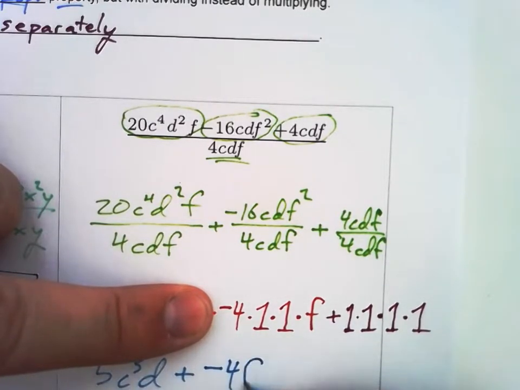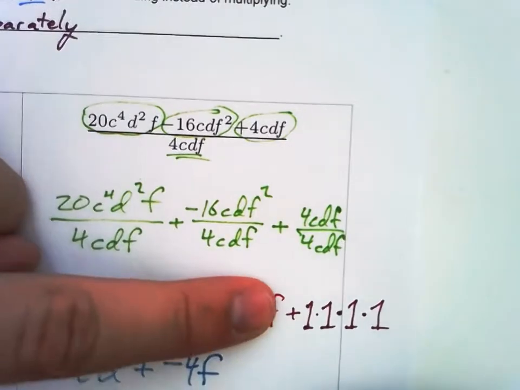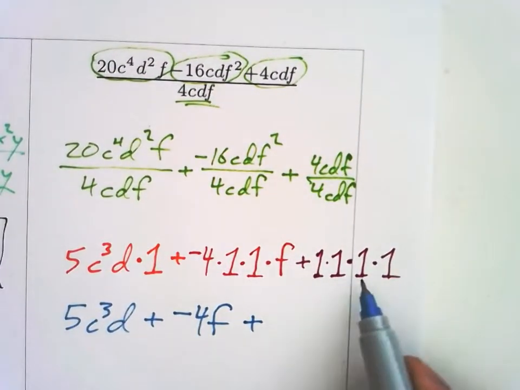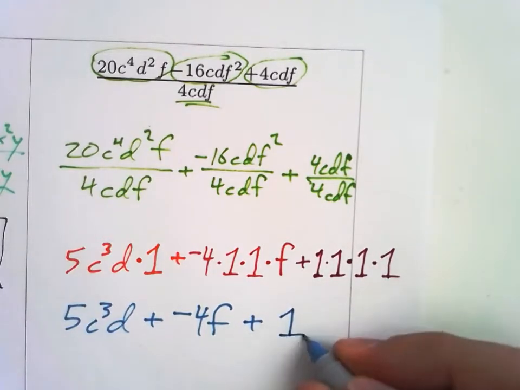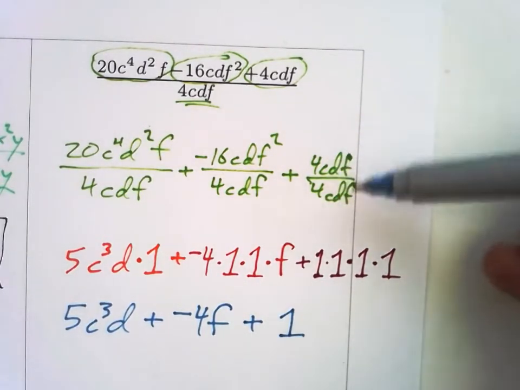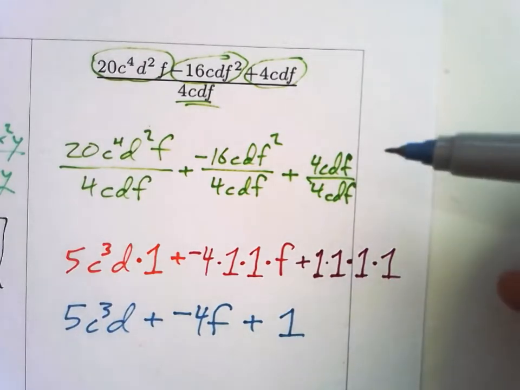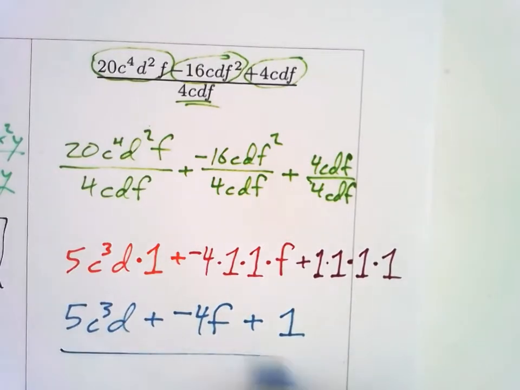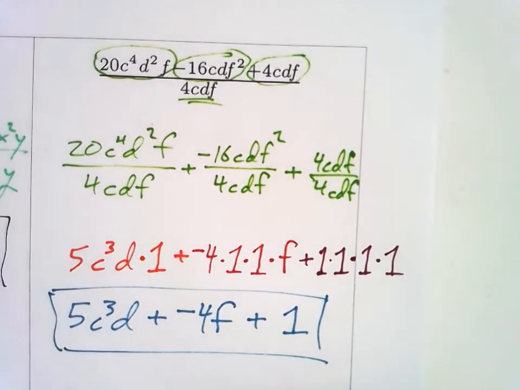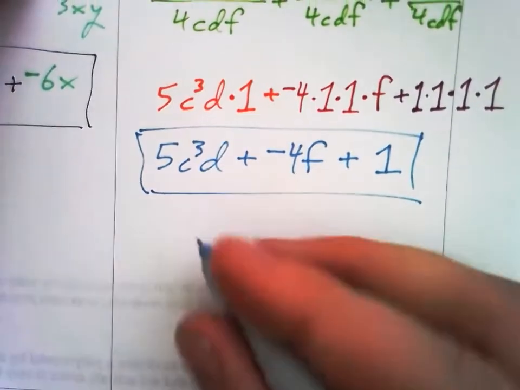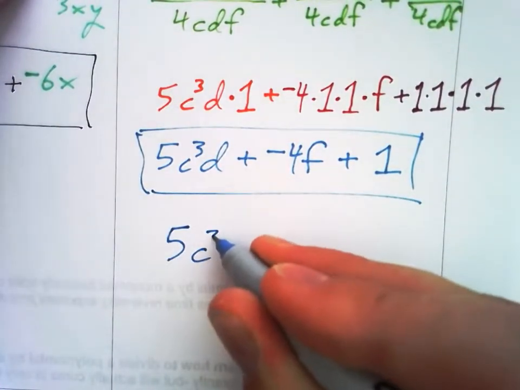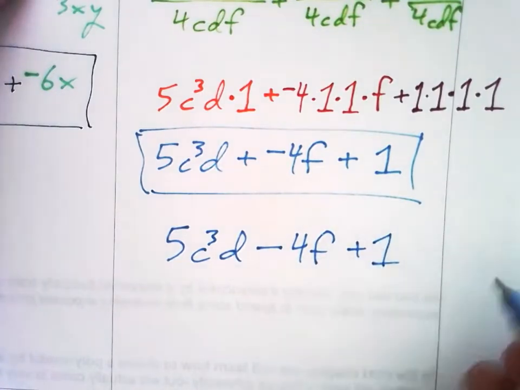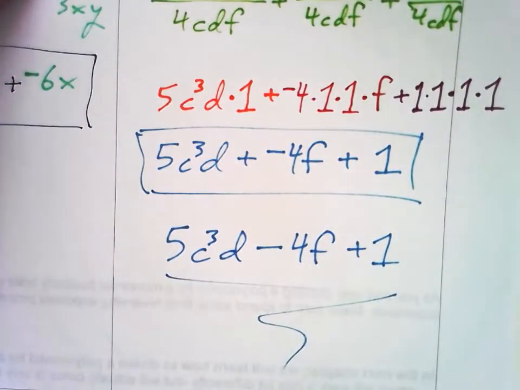Then times F, so we got negative 4F plus 1 times 1 times 1 times 1 is just 1. Don't think that it cancels out and becomes 0. Okay? It divides to 1. And this will be your final result. Or if you would like to write it this way, then you may do that as well.